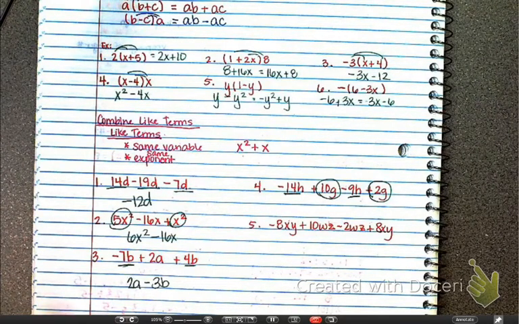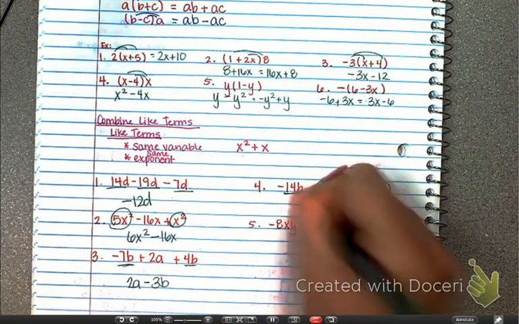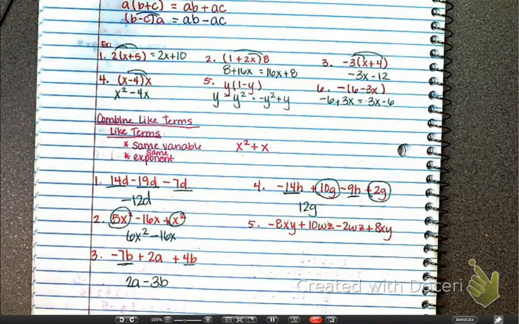G. You have to go through your alphabet. Okay, so G comes first. 10 plus 2 gives me 12G. Negative 14 minus 9 gives you what? Negative 23H. Good.